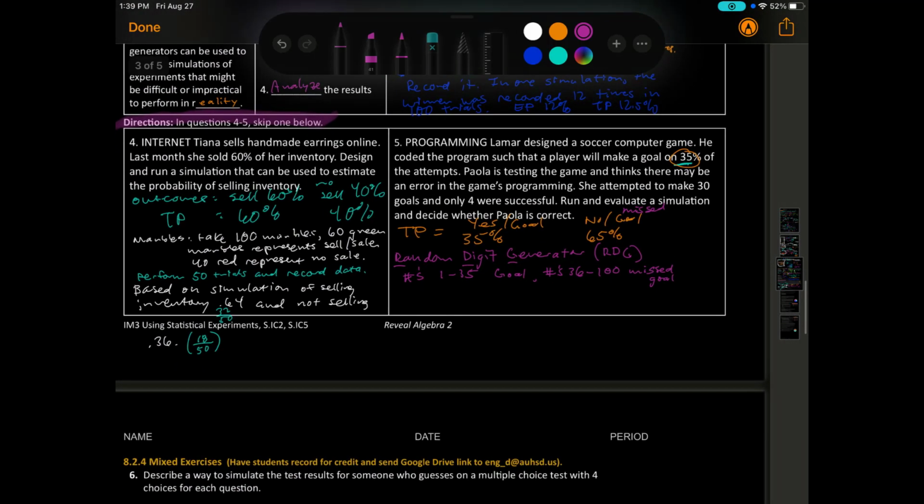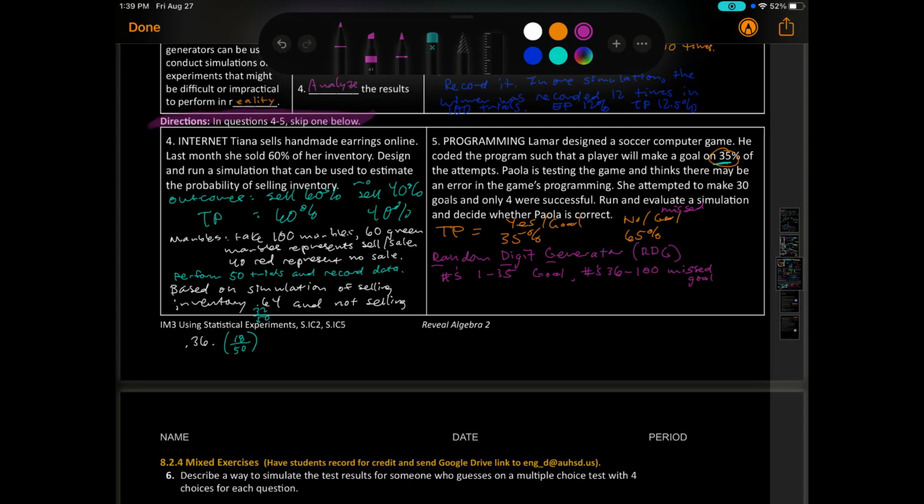Okay. And we're going to perform this. You can pick. Doesn't matter how many times, but you know, Paula tried it 30 times. Does that make sense? That was her how many trials that she did.